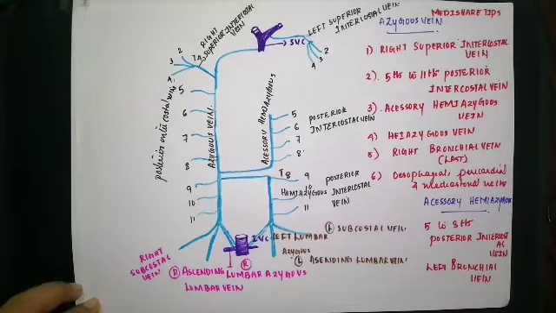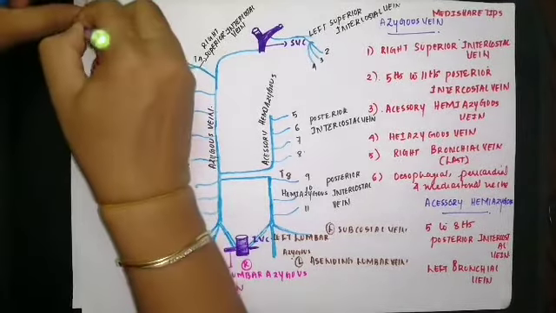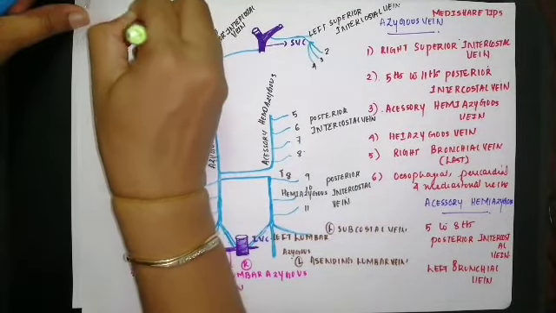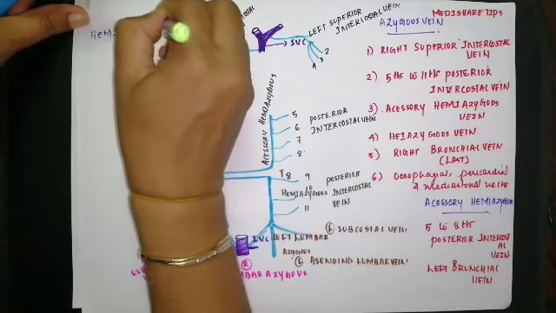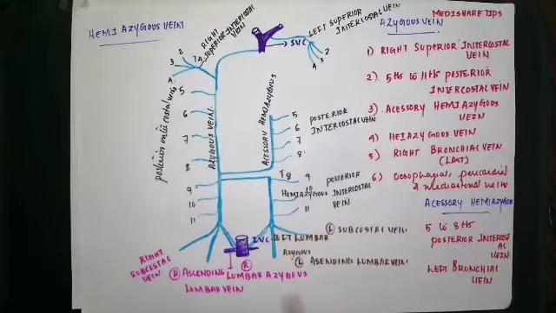Now, which are the tributaries of the hemiazygous?